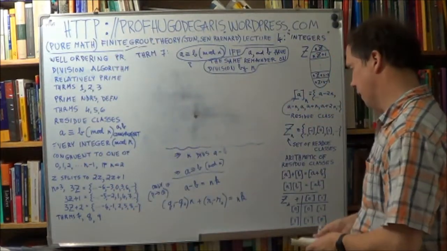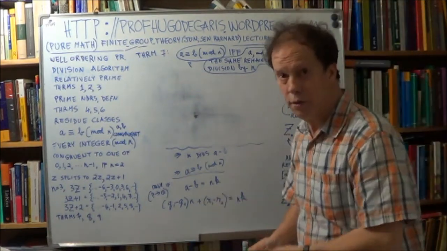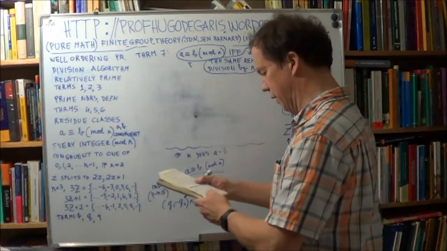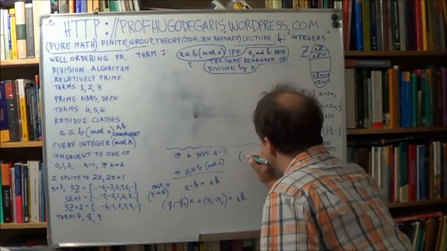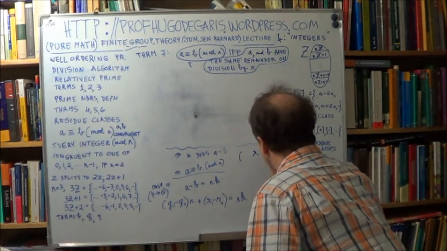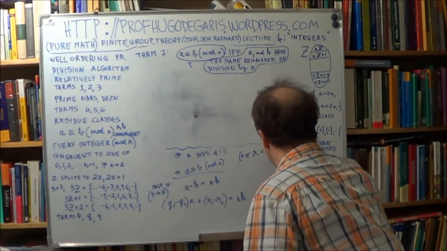So R1 is going to be less than n and greater than or equal to 0.